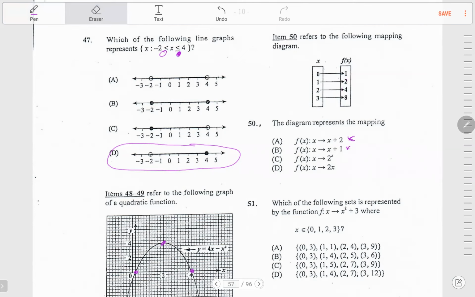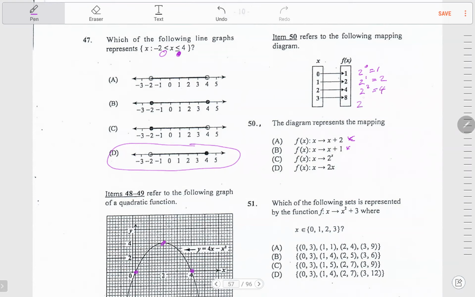Let's try the third one, which is 2 to the x. So it should be 2 to the 0, which is 1. And any number raised to the power 0 is 1. Then 2 to the 1 is 2, so that is correct. Then 2 squared is 4, which is correct.